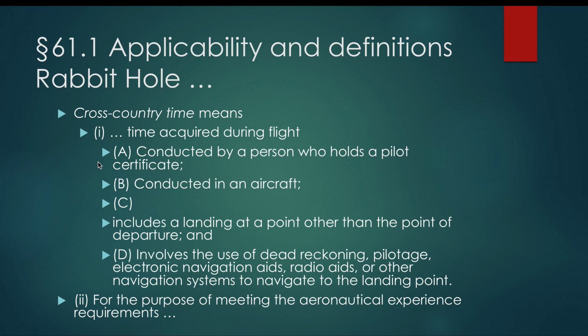However, down here in cross country 61.1, whatever this is, for the purposes of meeting the aeronautical experience requirements. This is where they get into if it's for any airplane certificate or rating, it has to be more than 50 nautical miles from point A to point B. If it's for a helicopter, it only needs to be 25 miles from point A to point B. If it's for a private, instrument, commercial, you need to have a landing at point B to count it.